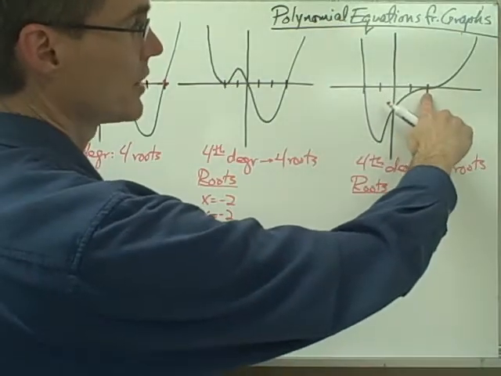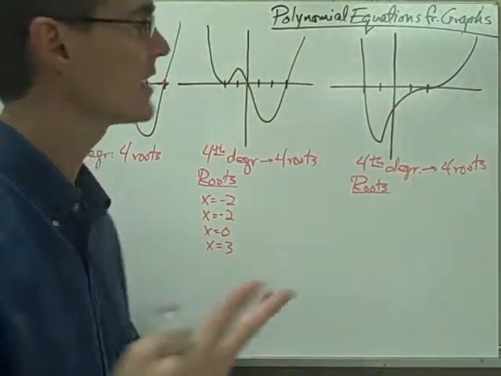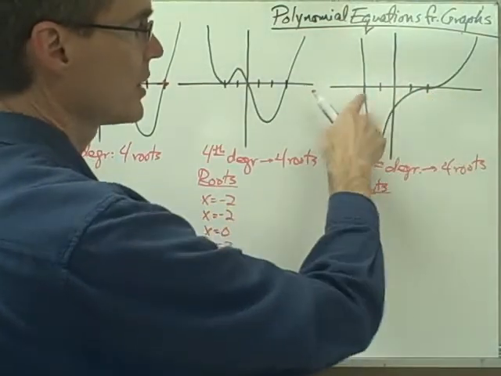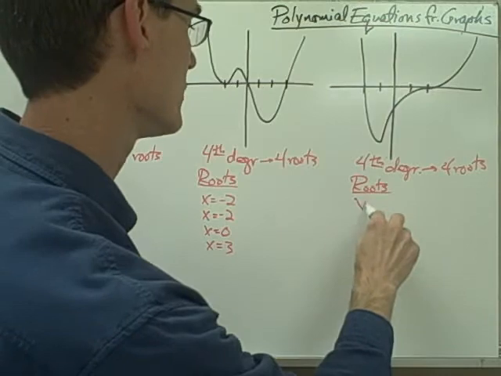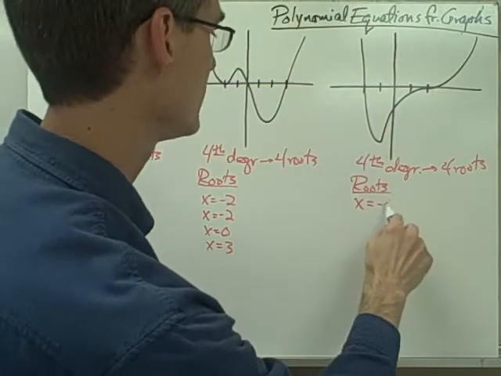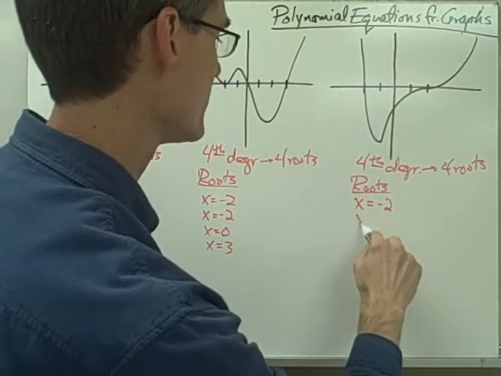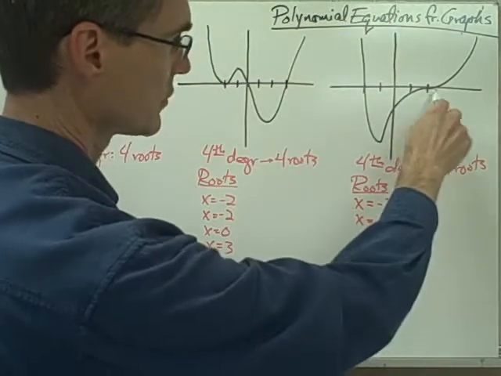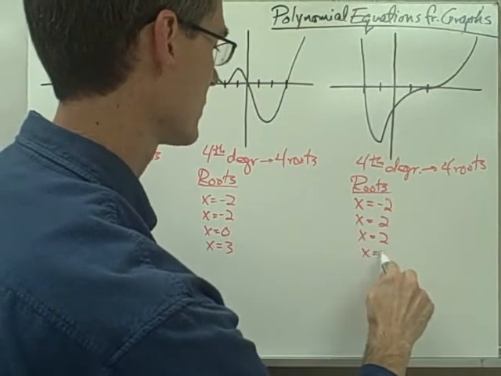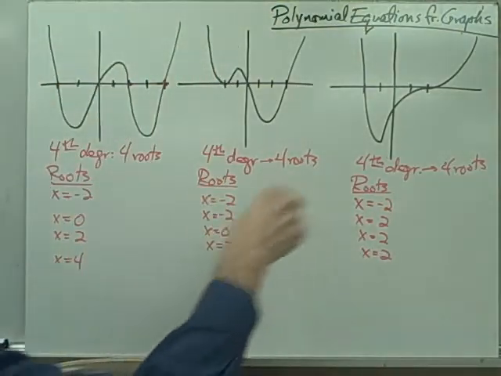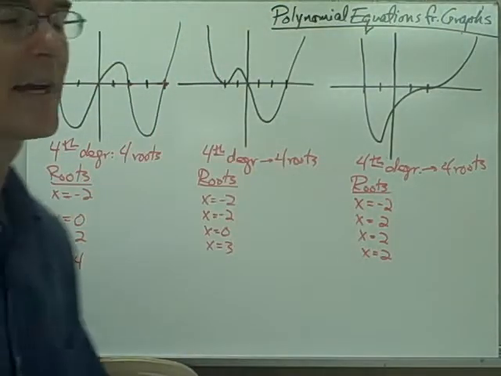So this root is going to be repeated a total of 3 times, which means I've got 3 roots here and 1 here for my total of 4 roots. So this root is at x equals -2. This one is at x equals +2, and since that's a triple root, I'll write that one down 3 times. Okay, so here's all of my roots for each one of my graphs.